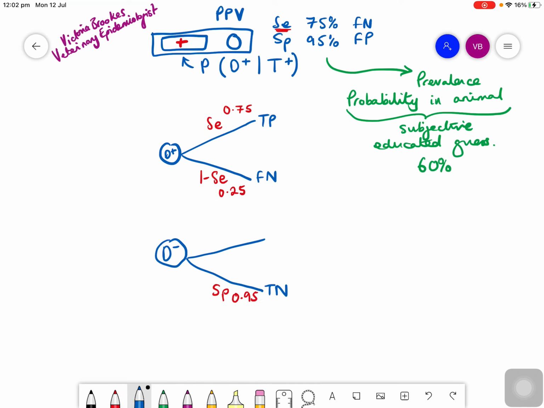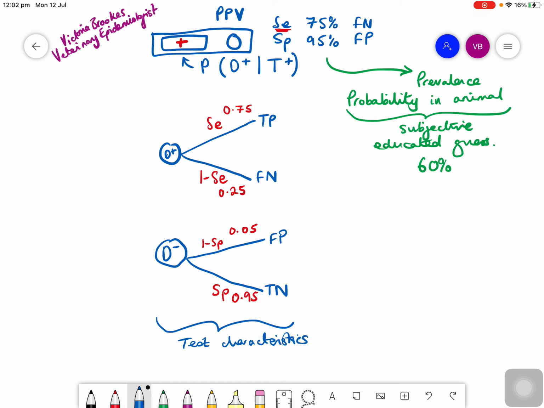And in the cases where the test gets the answer wrong and says that it's positive, that's a false positive, and we know that's 1 minus specificity, following the same rules as above, and therefore this would be 1 minus 0.95, which is 0.05. So far for our tree, we've filled in the test characteristics.